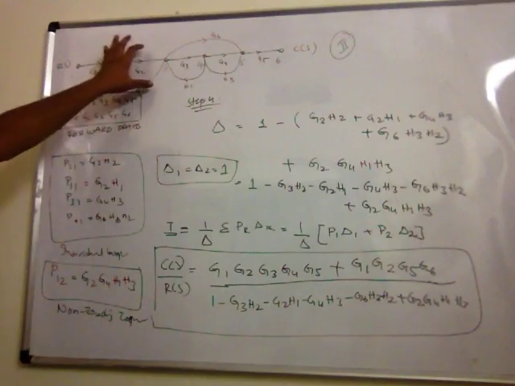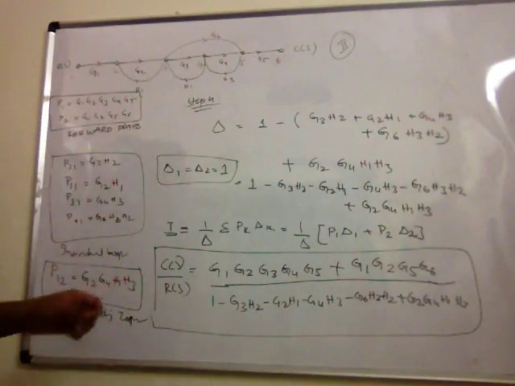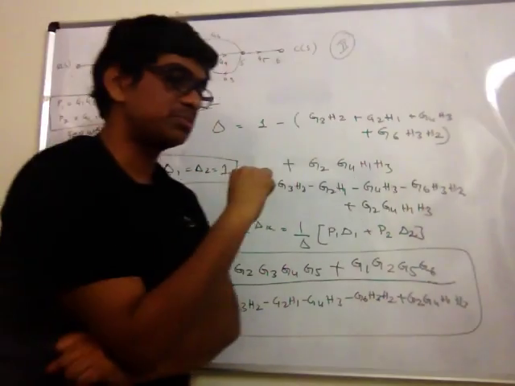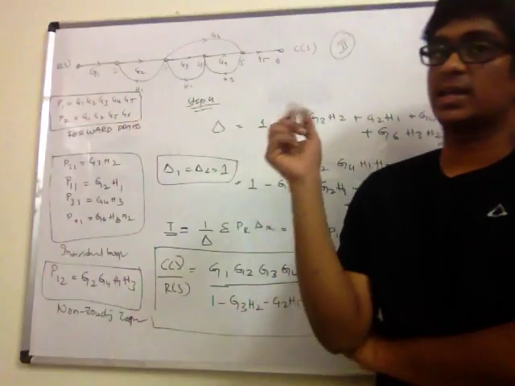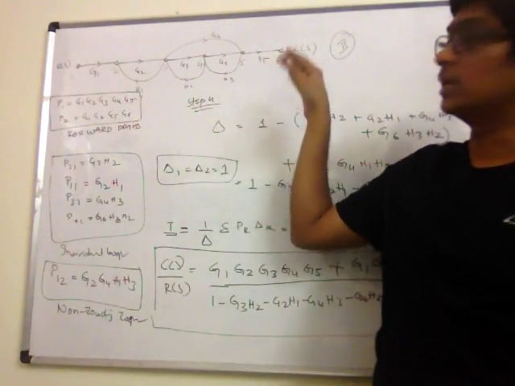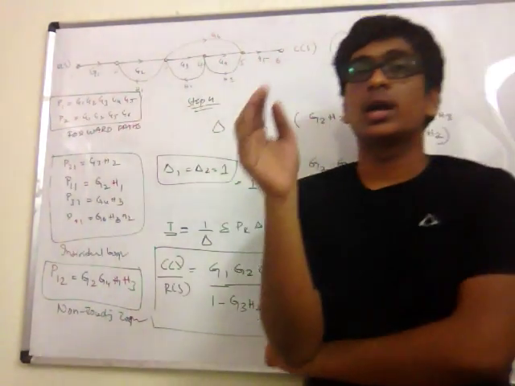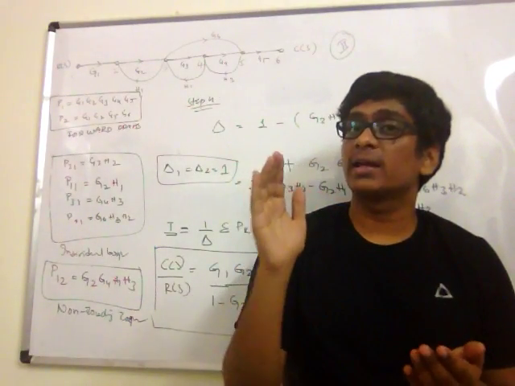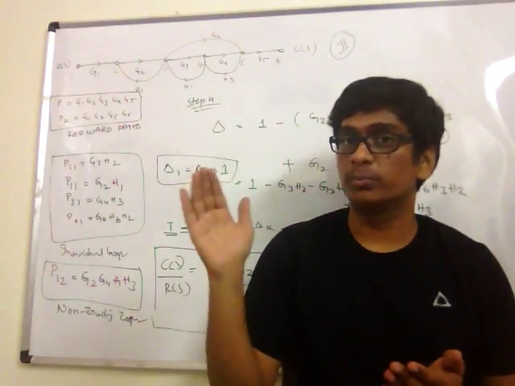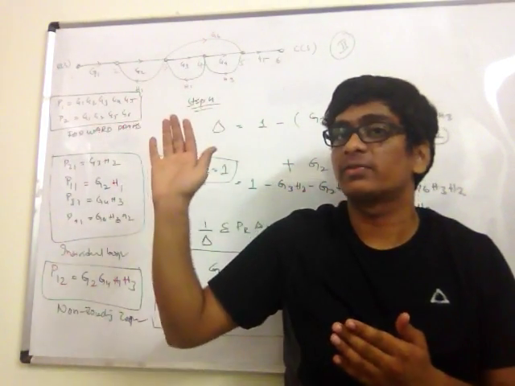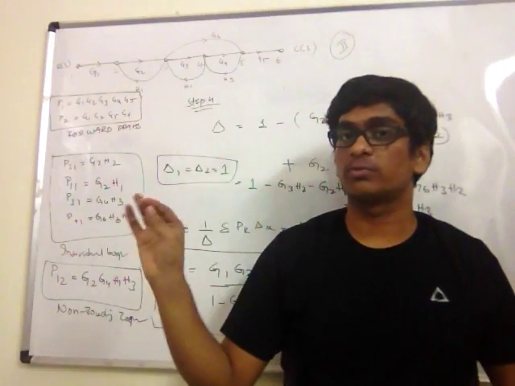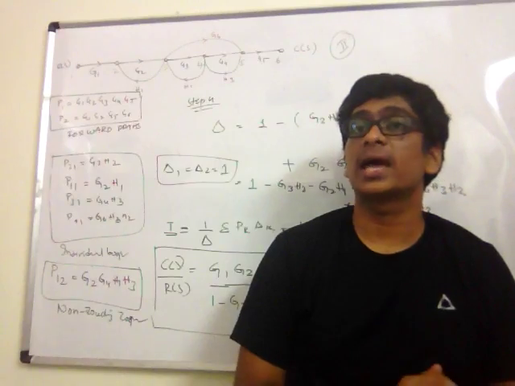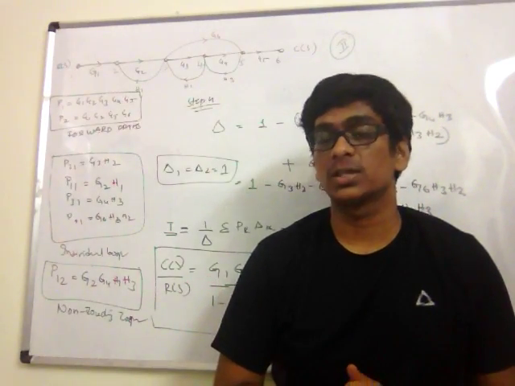All you need to do is look at the forward paths, and if any loop in that signal flow graph does not touch the forward path, then your delta 1 is 1 or your delta 2 is 1, as in our case, and as it mostly is.